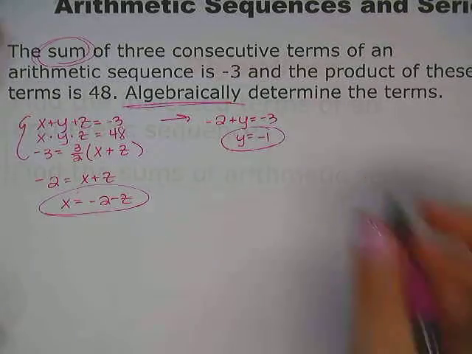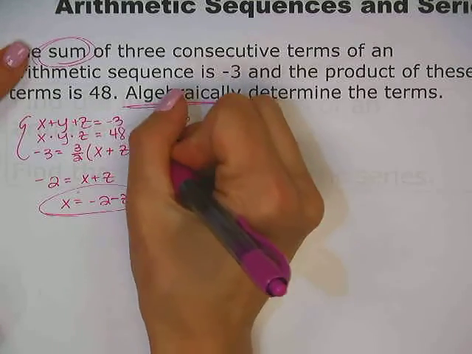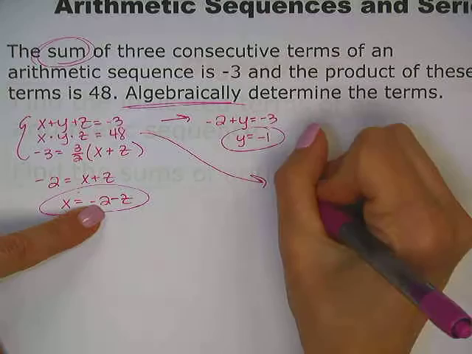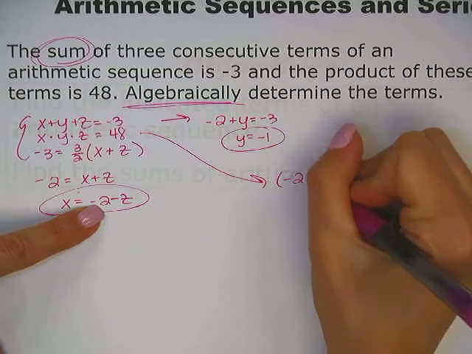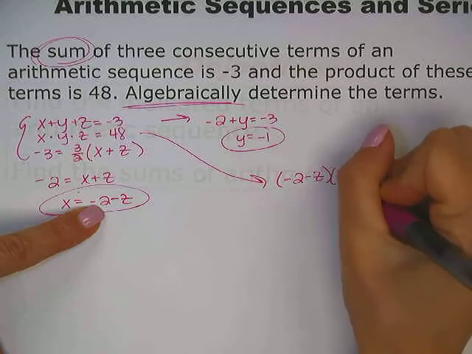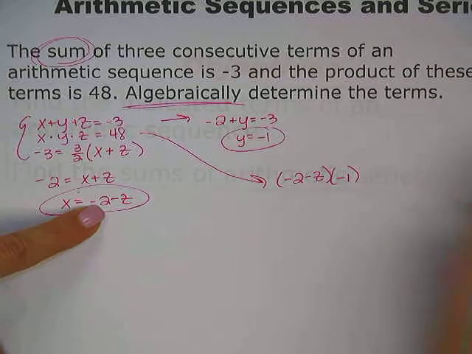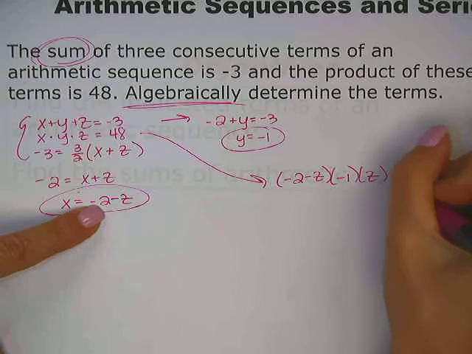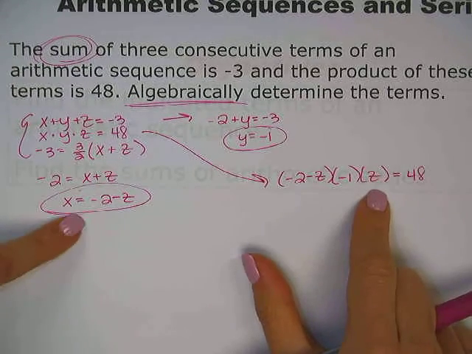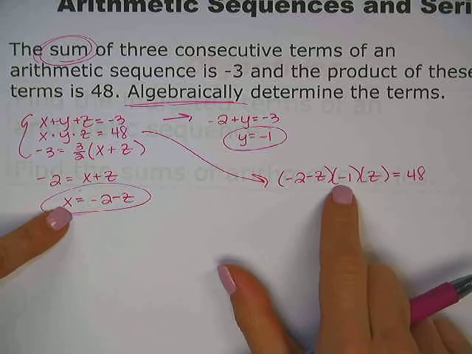And what's going to happen? What am I going to get? Well, I'm plugging in negative 2 minus z. I've got negative 2 minus z multiplied by negative 1 multiplied by z equals 48. What I've just done is plugged in for x, plugged in for y.